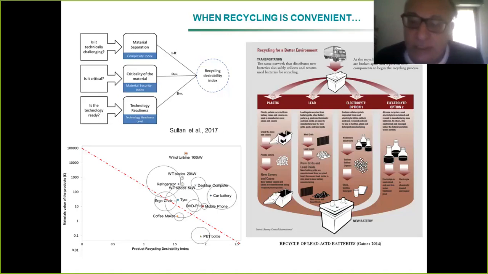And which is good, you can put everything into a new battery, which is usually not the case in recycling. So this is a good case for recycling.